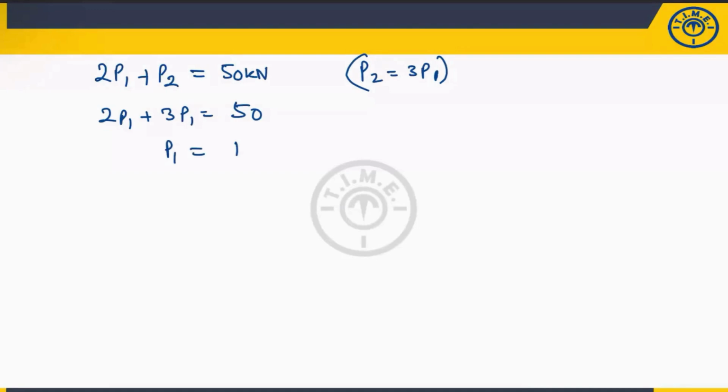So can I write P1 is equal to 10 kilonewton? If P1 is 10 kilonewton, P2 is how much? 30 kilonewton. Yes or no?